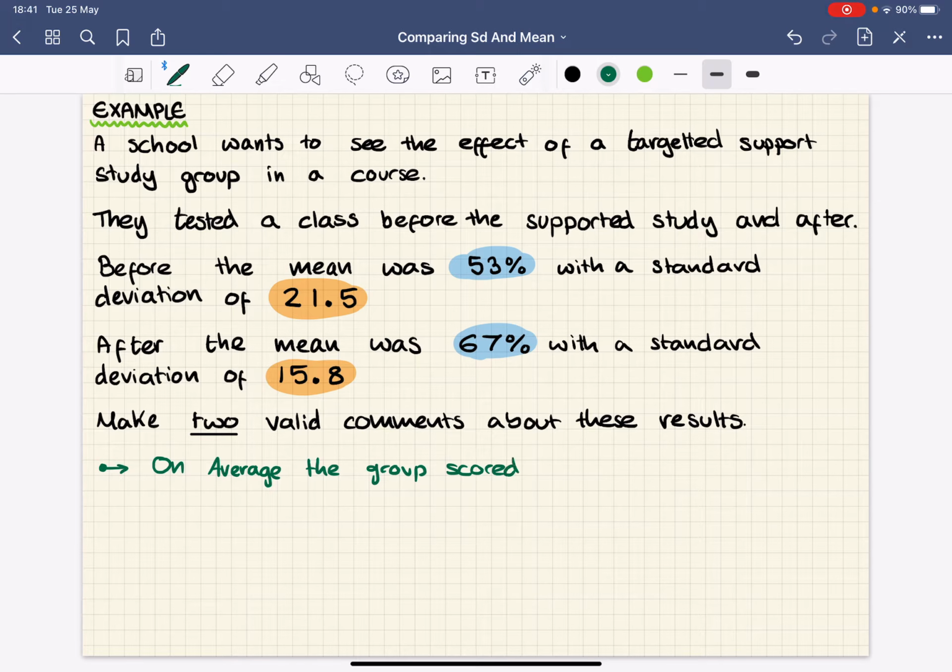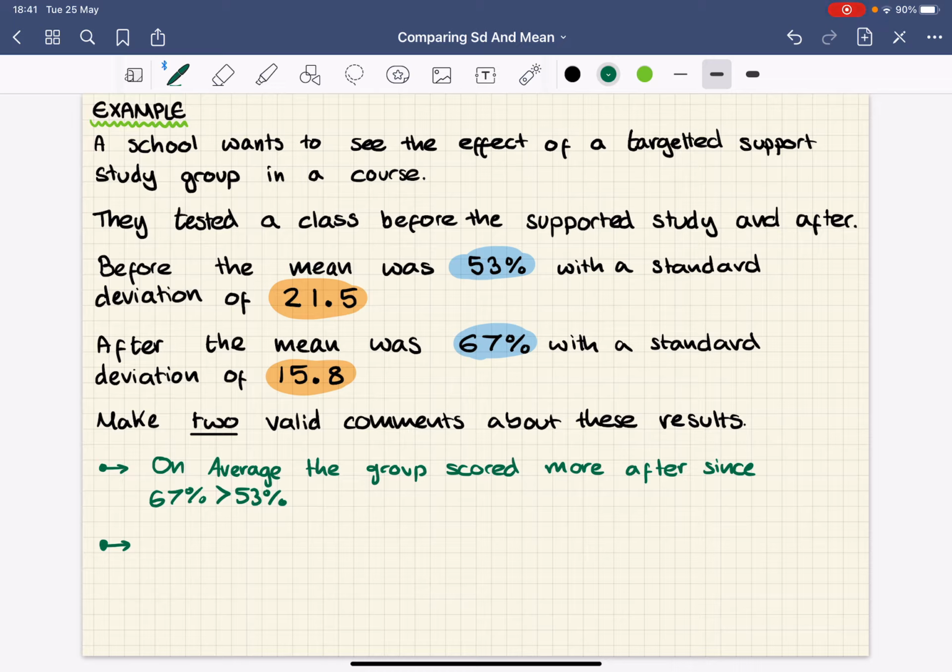So on average, the group scored more after, since 67% is more than 53%. So again, using that word average, having it in the context and saying what is occurring, and then our numerical comparison. So let's do our standard deviation now.